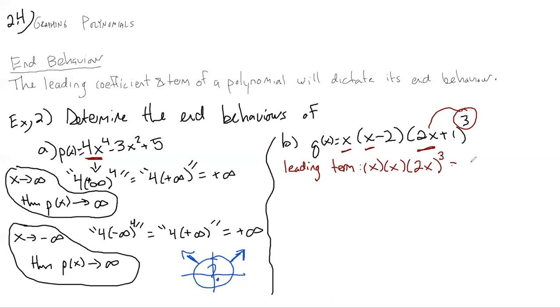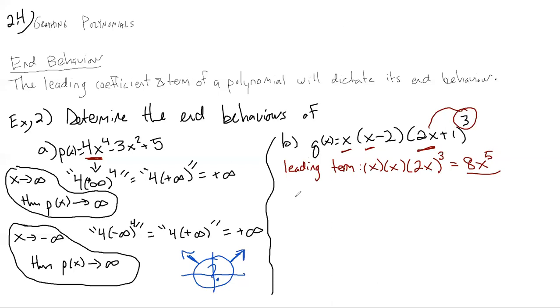And so what we would end up with here is 8x to the 5. All right, so just by taking an x, because there's only one x in the x minus 2, and then the 2x minus 1 gets cubed. So we need all those multiplicities, and we clean it up to get that 8x to the 5.